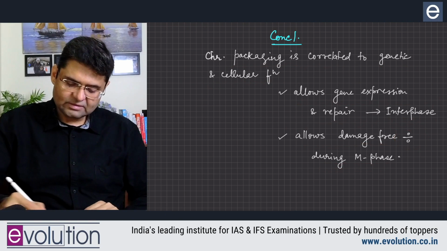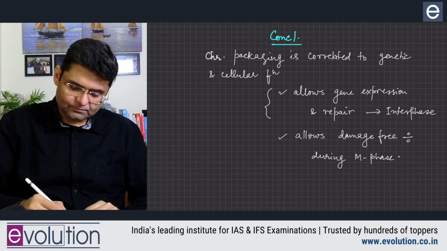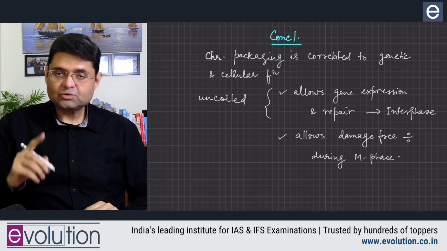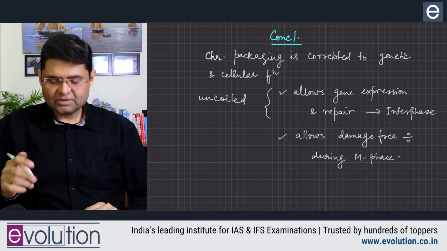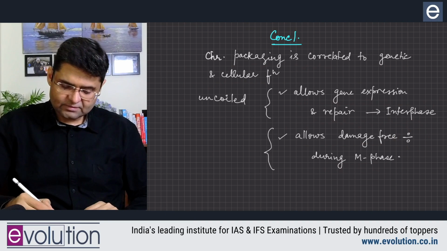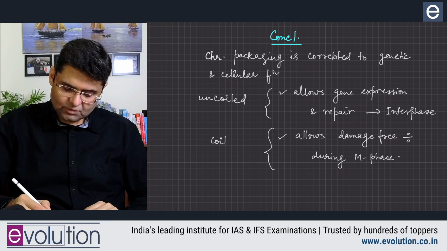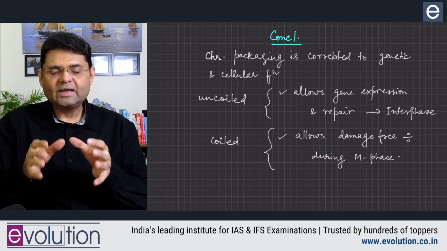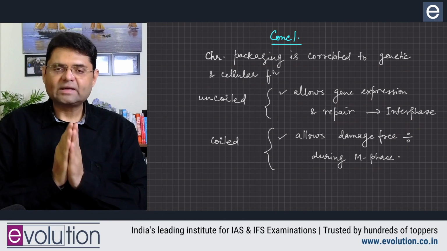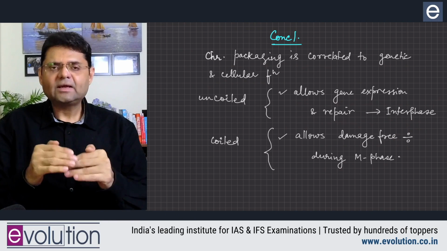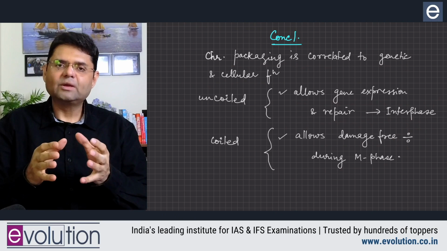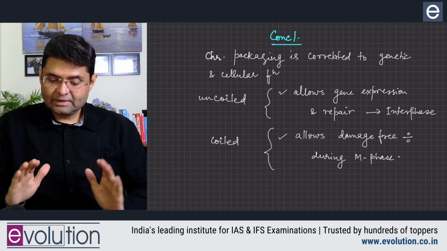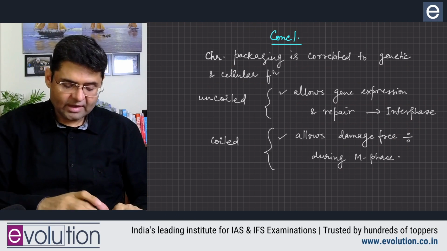So when it is uncoiled, it allows gene expression and it allows repair. And when it is coiled, then it prevents chromosomal damage and it allows the sister chromatids to be separated. And upon this separation, it will be going to the daughter cells. So, well, that is the end of our answer.